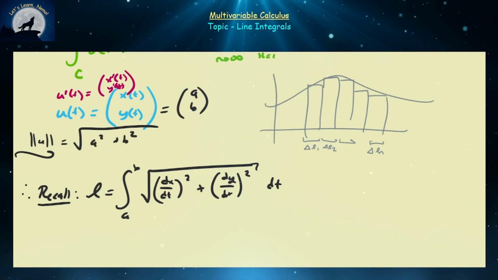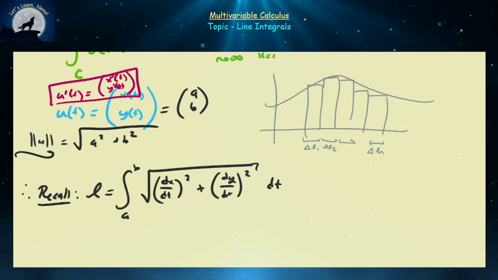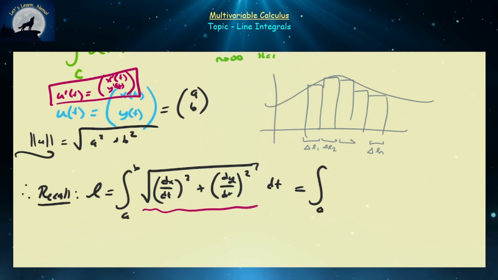And if I were to ask you what is the magnitude of u prime of t, you would say, that's the square root of a squared plus b squared, where a is x prime and b is y prime, which is exactly what we have here. So this is precisely the integral from a to b of the magnitude of u prime of t dt.